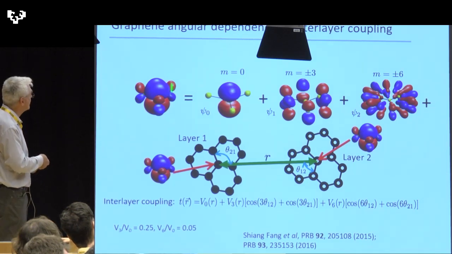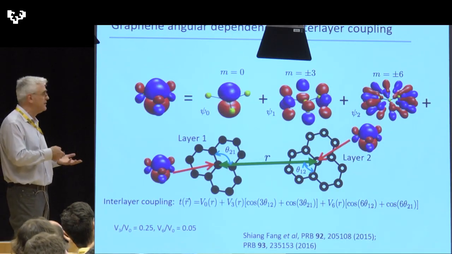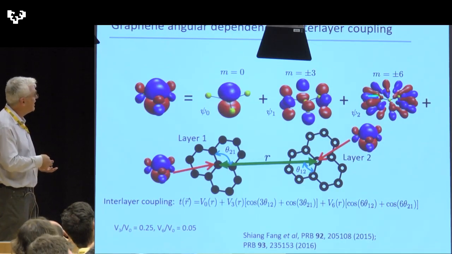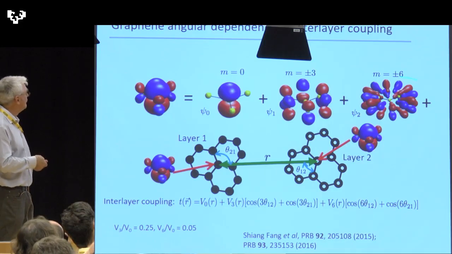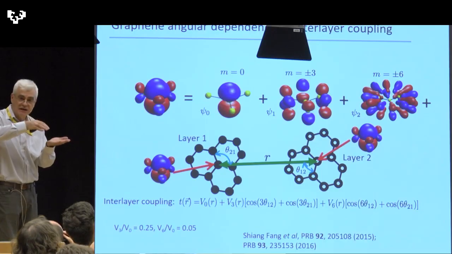So this is the actual Wannier orbital that we produce. This is the PZ orbital with angular momentum 0, but you have higher angular momentum contributions, and if you include all these, you have a much more accurate description of the interlayer coupling.